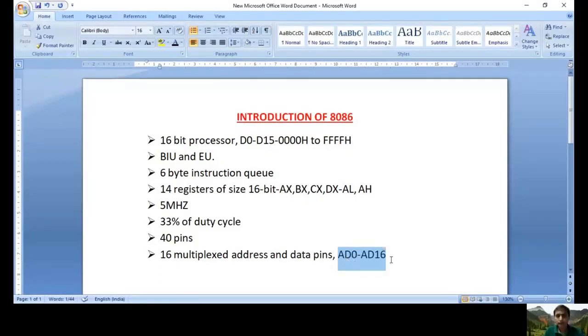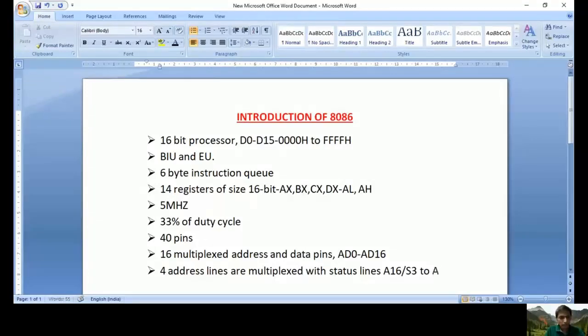And 4 more address lines are multiplexed with status lines. These are A16/S3 to A19/S6, where A indicates address and S indicates status.